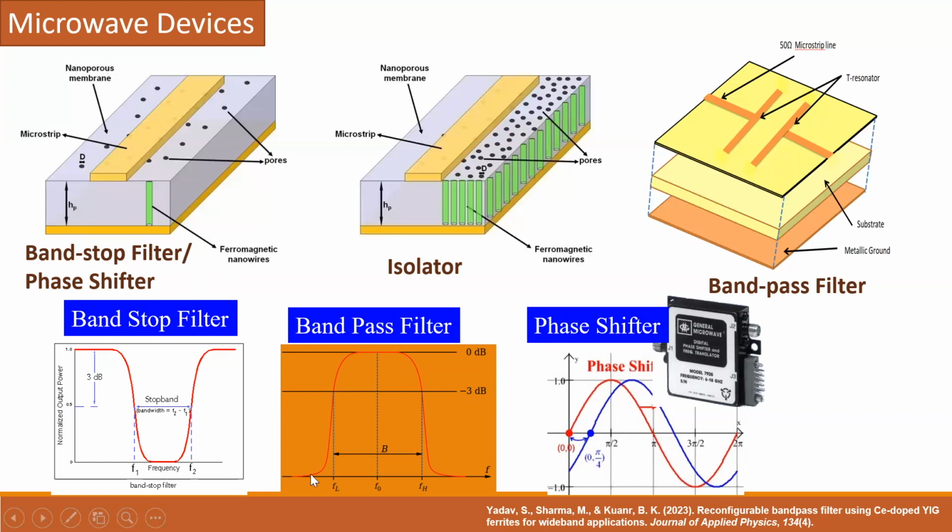It does not allow all the frequencies to transmit through the signal, but allows only a band of frequencies from F1 to F2 to transmit through the microstrip line. A phase shifter, on the other hand, shows a phase variation when we transmit the signal. Say when I transmit the signal I am at the red line, but when I receive it, it will be at a phase difference of pi by 4. So these structures can be used as phase shifters as well.